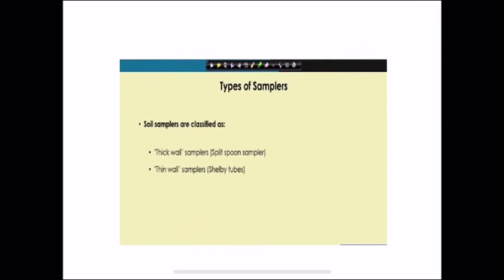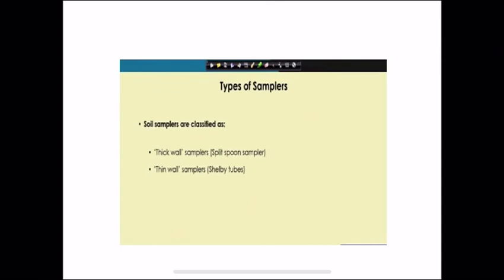Then we discussed the different sampler tubes. There are two types: the thick wall sampler, which is the split spoon sampler, and the thin wall sampler, which is called the Shelby tube sampler. The split spoon sampler tube is the one attached in the Standard Penetration Test, that is SPT.